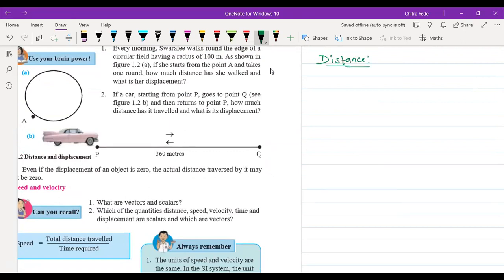First we will write the distance: the actual path traveled by an object from initial to final position.